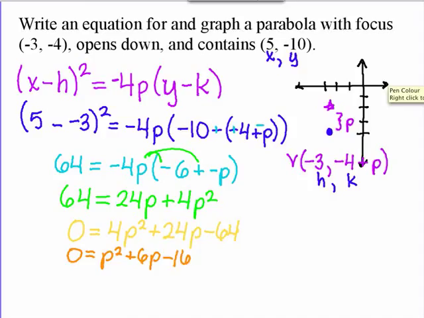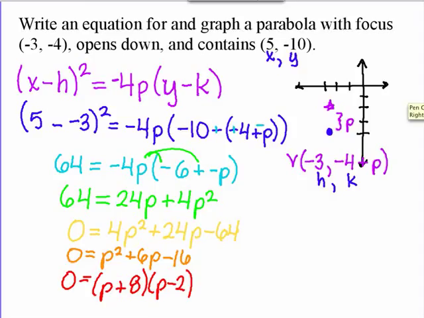Do we remember how we factor? Yep, good. So, as somebody already said, it's (p plus 8)(p minus 2). For those of you wondering, two factors of 16 that differ by 6. So my two possibilities for p are what? -8 or 2.